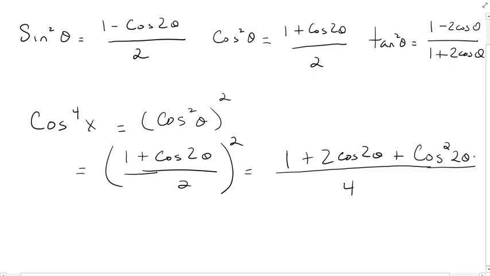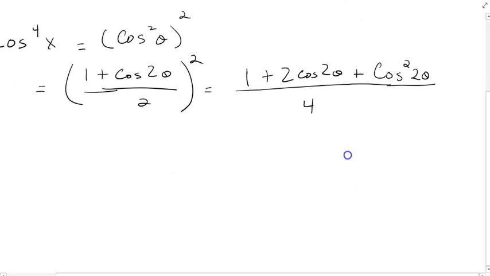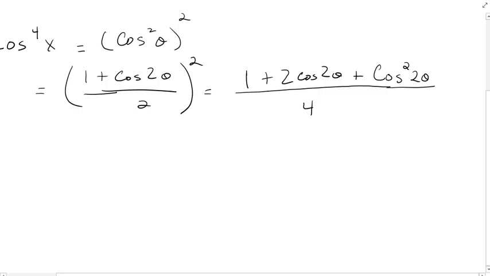So all I did was square the 1 plus cosine 2 theta. If you're not sure where that came from, just FOIL out 1 plus cosine 2 theta times 1 plus cosine 2 theta.